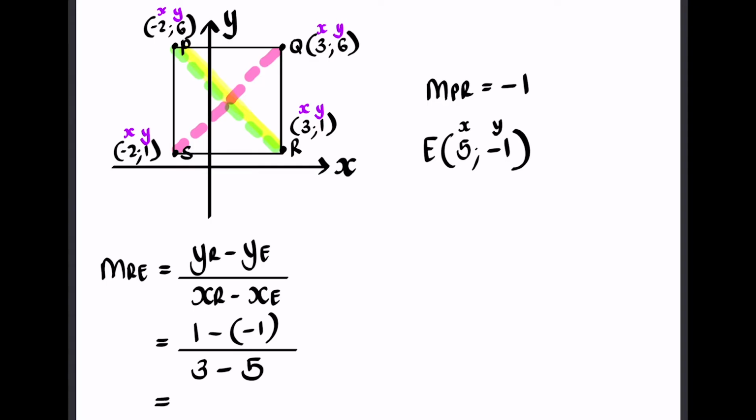So 1 plus 1 is 2, and 3 minus 5 is negative 2. So 2 divided by negative 2 is negative 1.